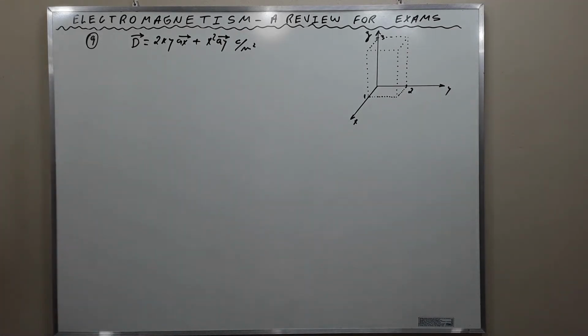Evaluate both sides of the divergence theorem for the flux density D equal to 2xy in the x direction plus x squared in the y direction, Coulomb per meter squared, in the rectangular parallelepiped formed by the planes x equal to 0, x equal to 1, y equal to 0, y equal to 2, z equal to 0, and z equal to 3.